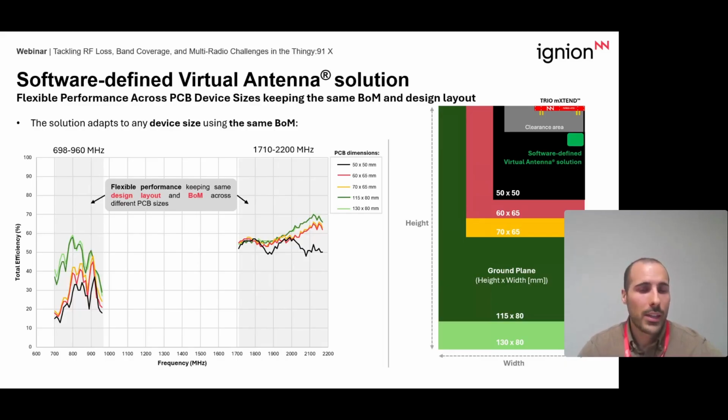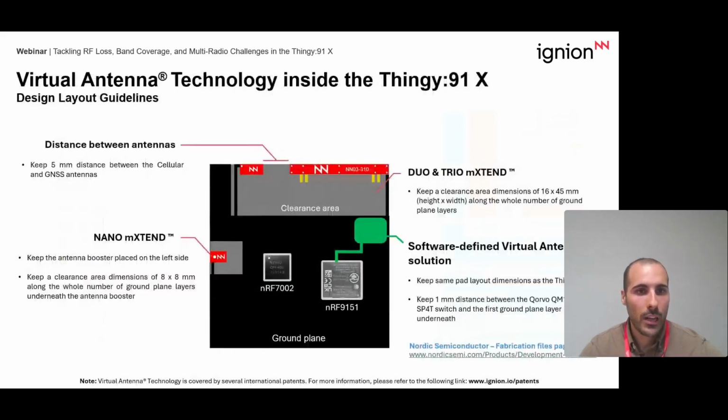So that said, in order to preserve the performance in your device, the only thing you need to do is to follow our design guidelines, which are the following ones. On the one hand, regarding the virtual antenna boosters, first, to control the coupling between GNSS and cellular regions, keep a distance of 5 millimeters between both antennas.